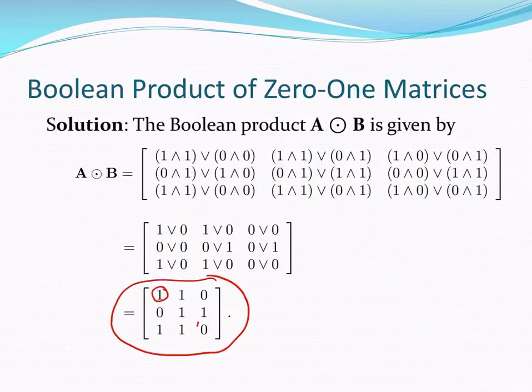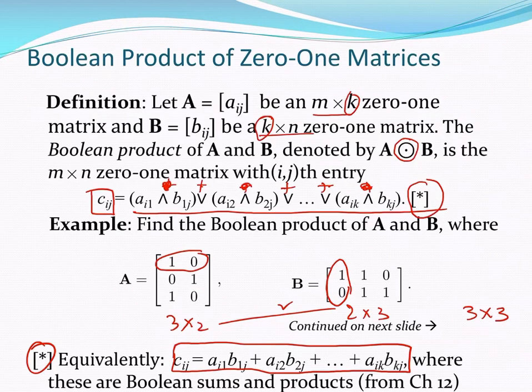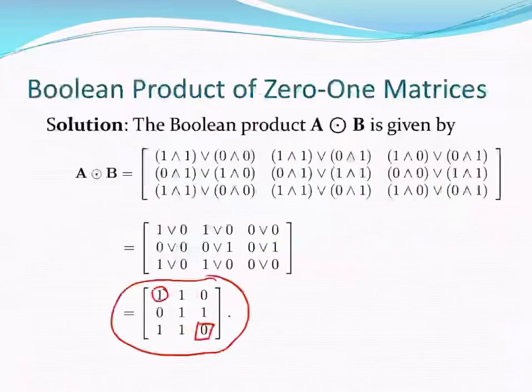And this 0 here will be 1 times 0 plus 0 times 1 to give us a 0 there. Okay.